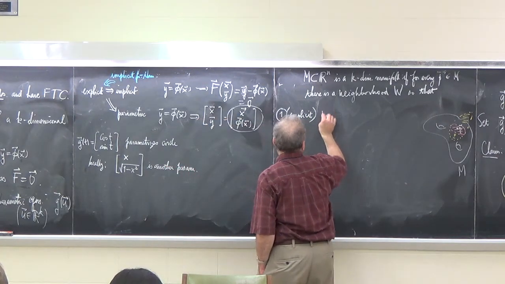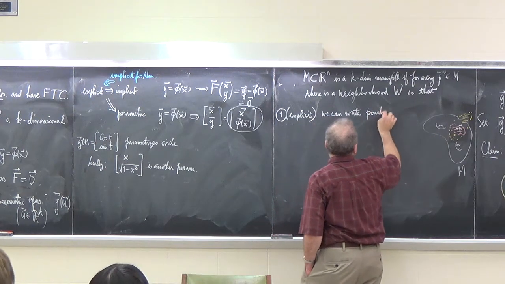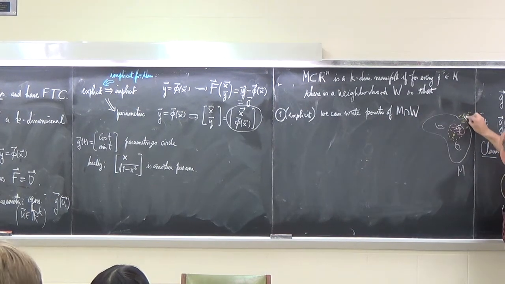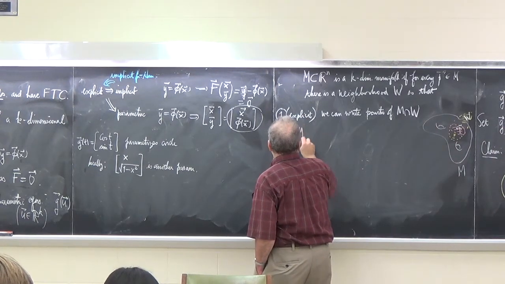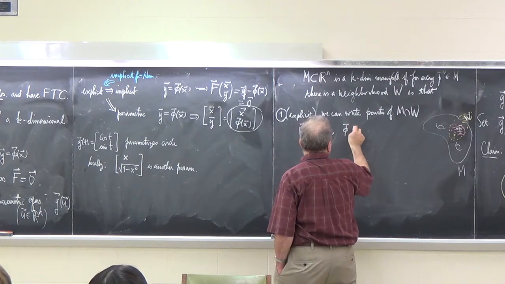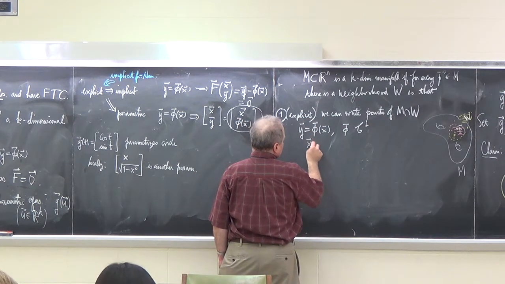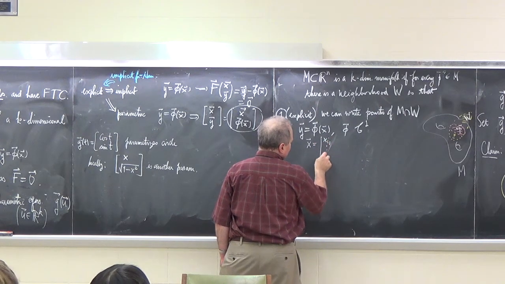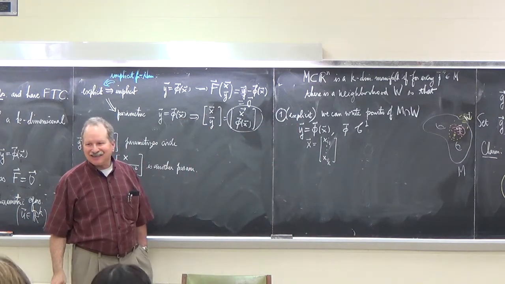we can write points of M intersect W, the part of M inside of W, as y equals phi of x, phi of C1, and here x is some collection of, this is why I don't like writing this out pedantically. You pick k of your coordinates.